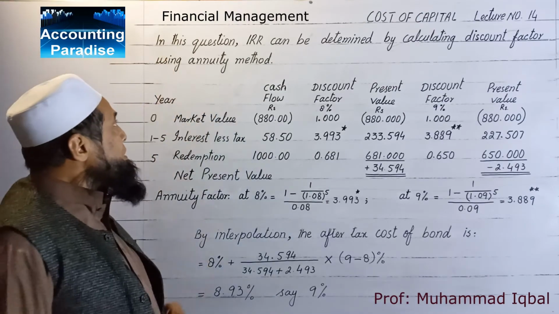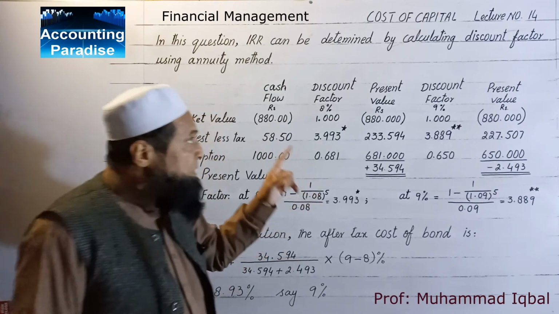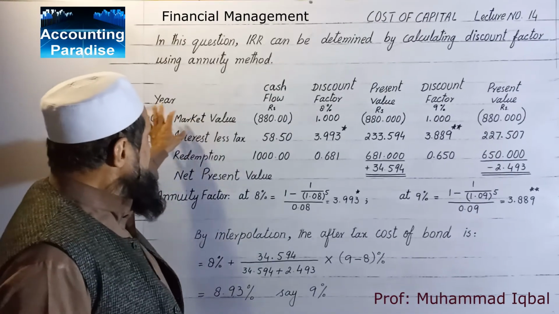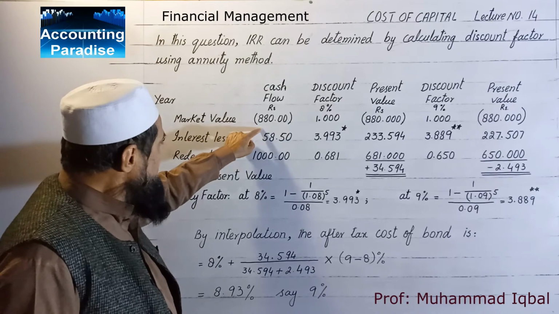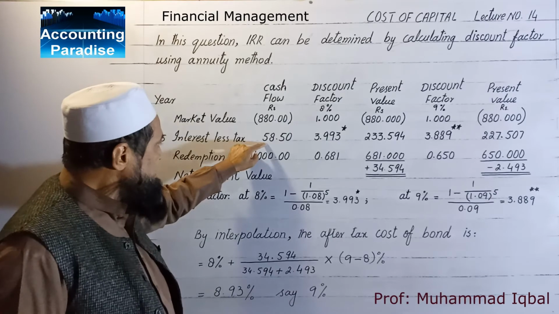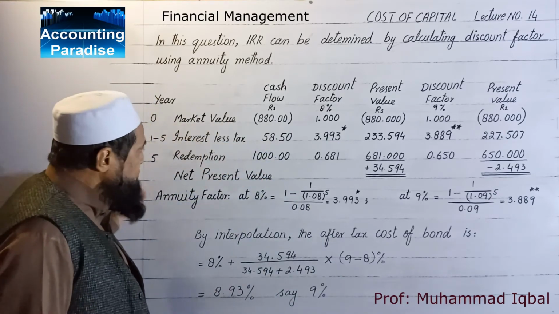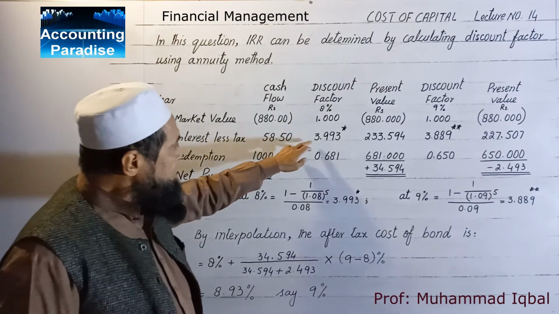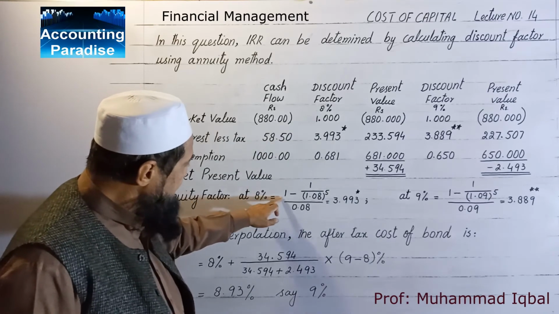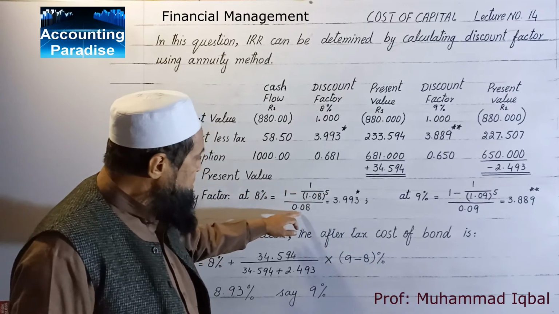Now in this question, IRR can also be determined by calculating the discount factor using the annuity method. Same, the market value; the interest per annum less tax is 58.5. But by using the 1, 2, 3, 4, 5 years factor, we calculated the annuity factor at 8% by this method: 1 minus 1 over 1.08 raised to the power 5, over 0.08.